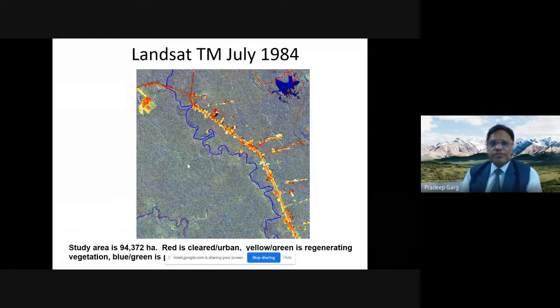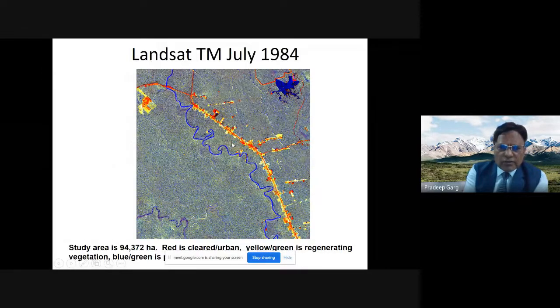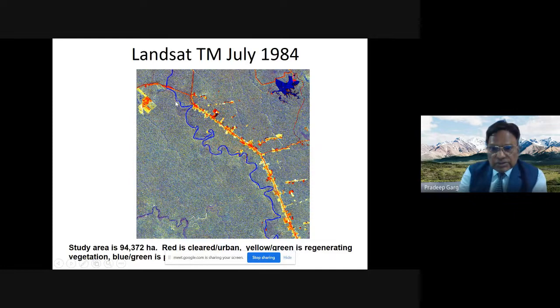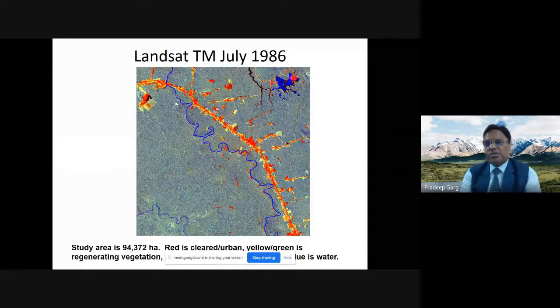So this is, for example, a satellite image which shows that there is a road here in the center and a small river which is passing close by to the road. And as per the habits, the people are settling down along the roads. Then you can see in 1986, the urban area is growing.